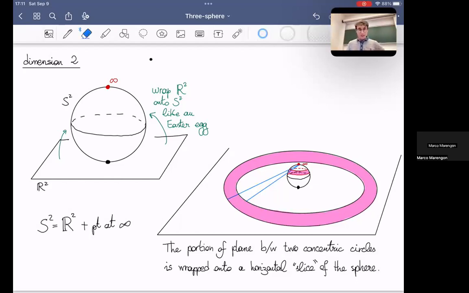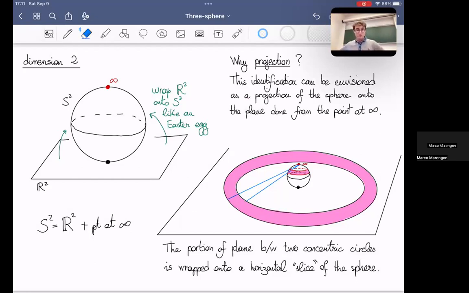So here I'll take a little break, and I want to just give a quick explanation of why this interpretation of S2 or S1 is called stereographic projection. The reason is that this identification can be envisioned as a projection of the sphere onto the plane done from the point at infinity.